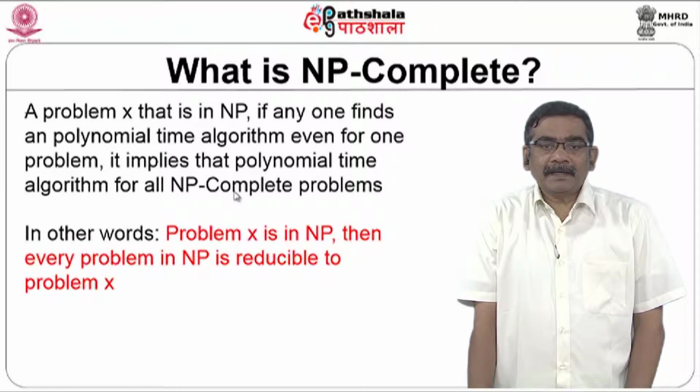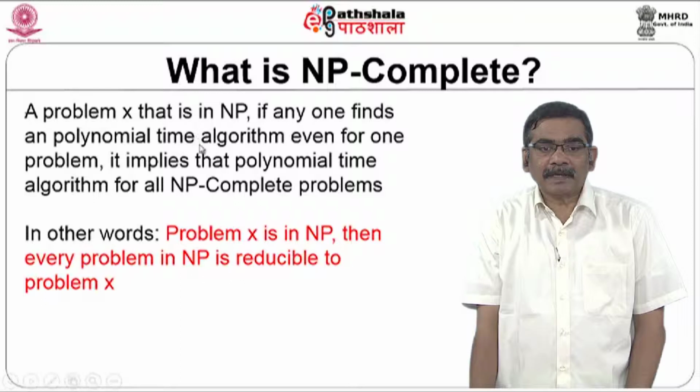Then you have another category called NP complete problems. What is the difference between NP hard and NP complete? Here, complete means it is a complete set of problems where, if there exists a solution for a problem x, then this solution will provide a solution for all the problems that come under that particular category.